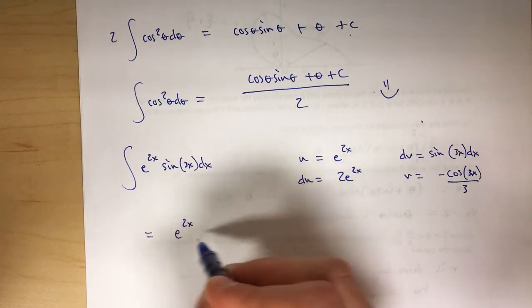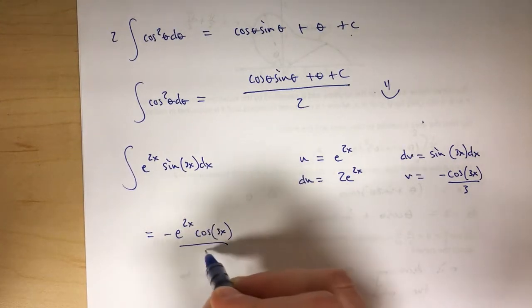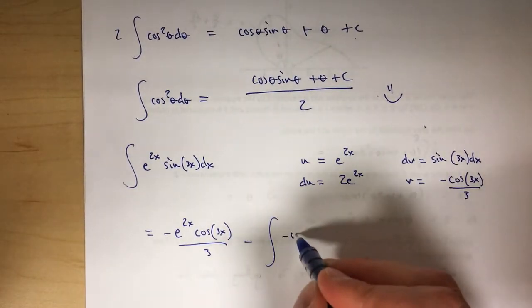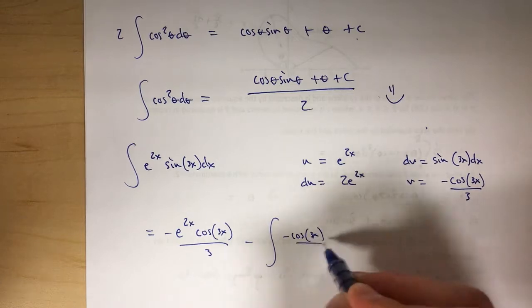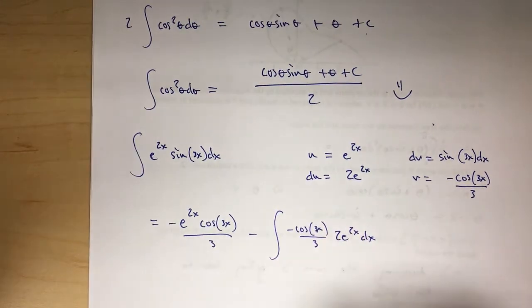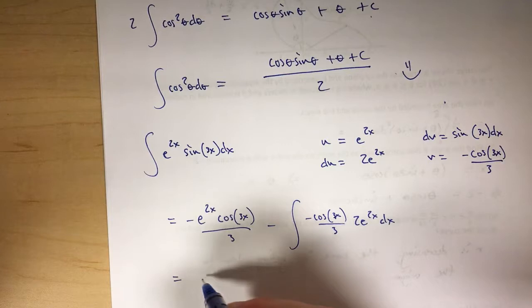Well, then this becomes uv minus the antiderivative of v du. Well, this is not super helpful, but I can simplify a little bit.